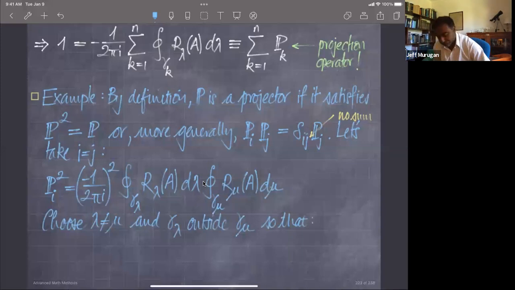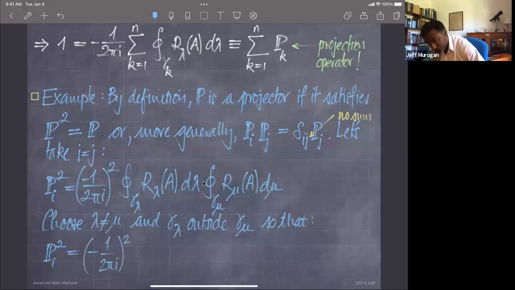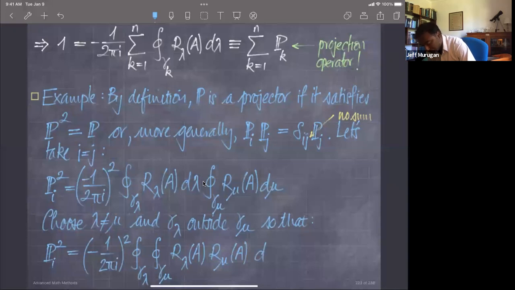So then we have the following. P squared is equal to minus 1 over 2 pi i, squared, integral over gamma lambda, integral over gamma mu, R_lambda of A R_mu of A d lambda d mu.